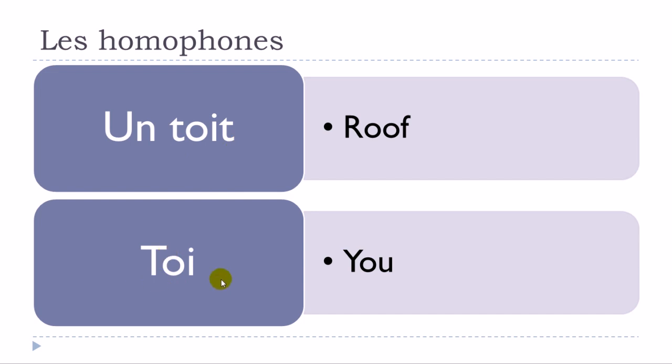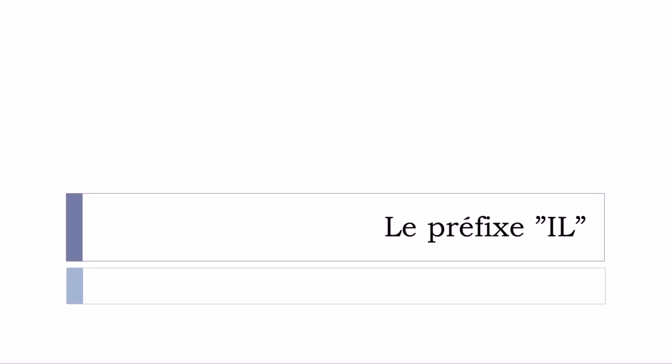Un toit, toi. Le préfixe il. When we're talking about a prefix, normally we're talking about a group of letters that you will put in front of existing words, and by adding these letters you will change the original meaning of the word.